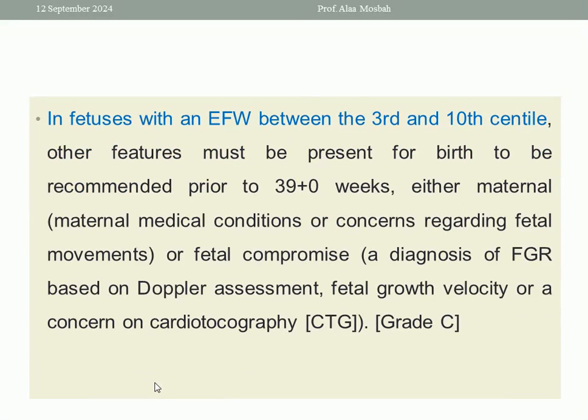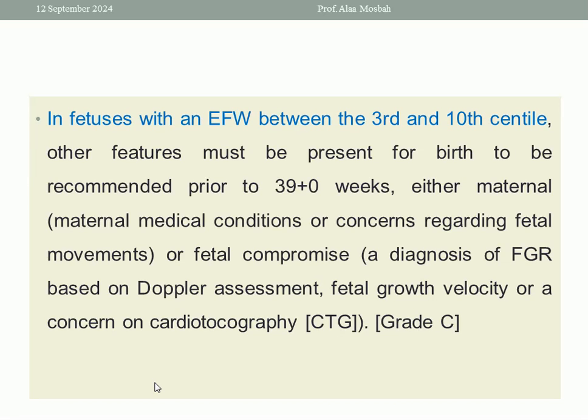In a fetus with an expected fetal weight between the 3rd and the 10th centile, other features must be present for birth to be recommended prior to 39 weeks gestational age.